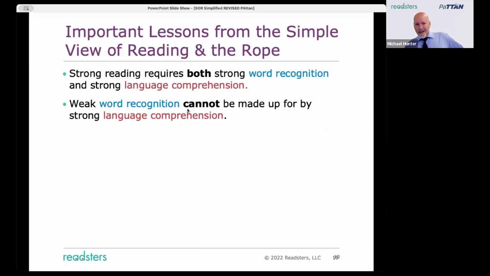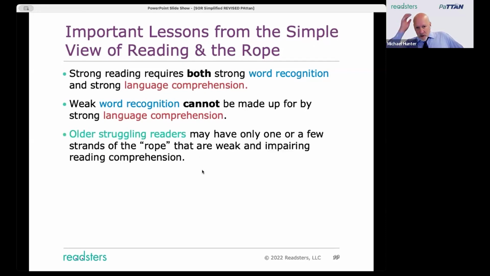Word recognition cannot be made up for by strong language comprehension or vice versa. Older struggling readers may only be missing a few strands in the rope, or just pieces of strands in the rope, but remember, they have to be fixed if we want good proficient readers overall. You can't ignore any weaknesses.